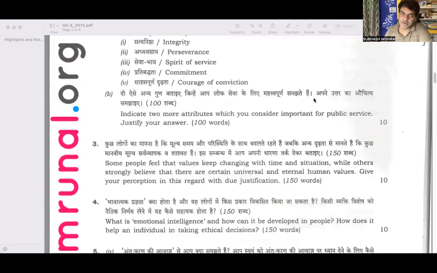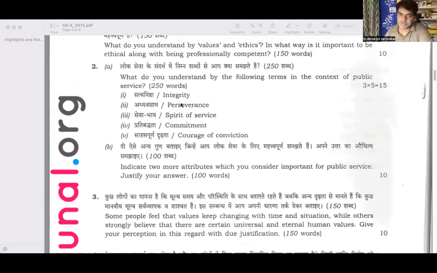And here also, what is the difference between integrity and commitment? What is the difference between a spirit of service and commitment? They look like the same, no? Spirit of service and commitment, integrity and commitment.